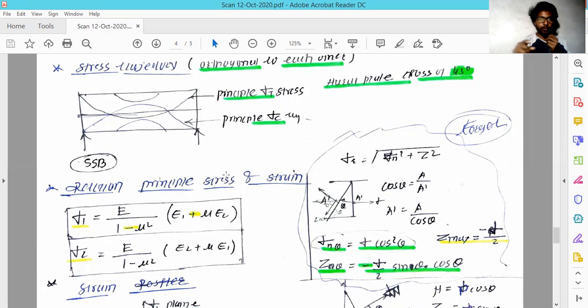So it has its own trajectory, because there is a certain width up to which the compressive nature will be there, and after that the tensile nature will be there. This trajectory has its own property.